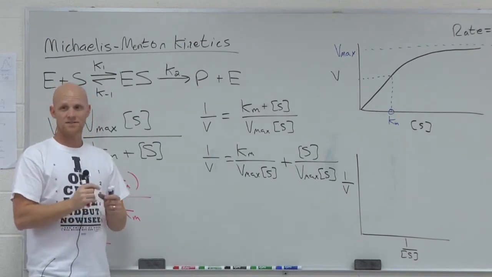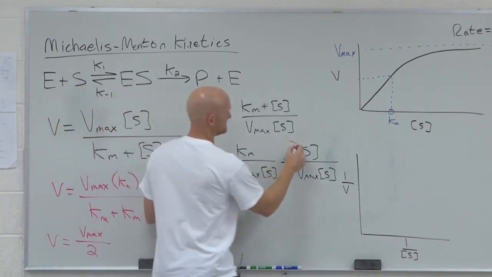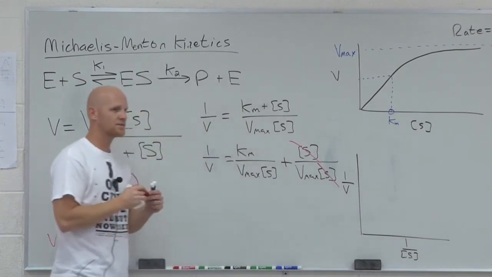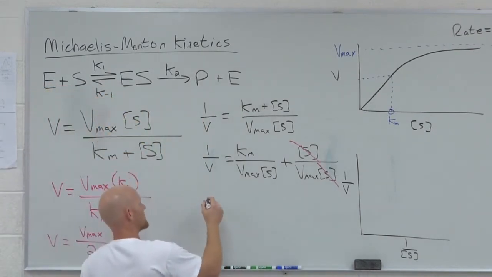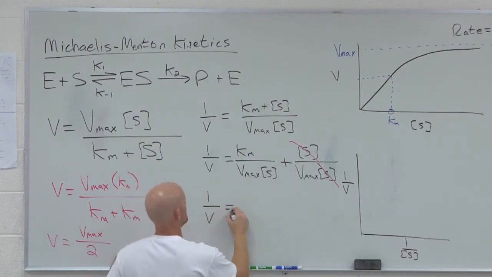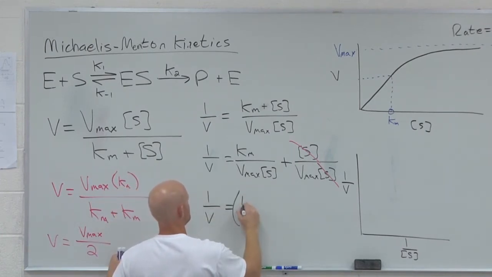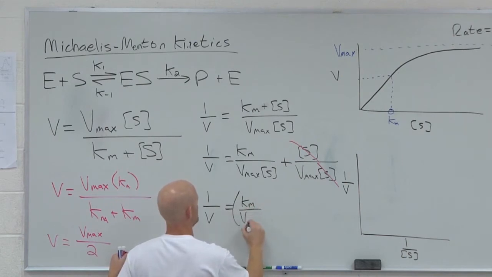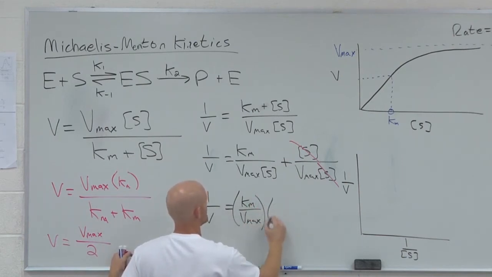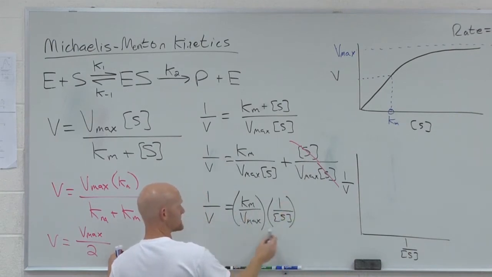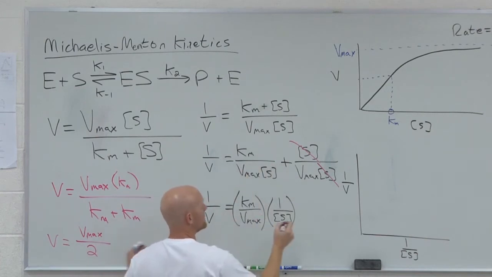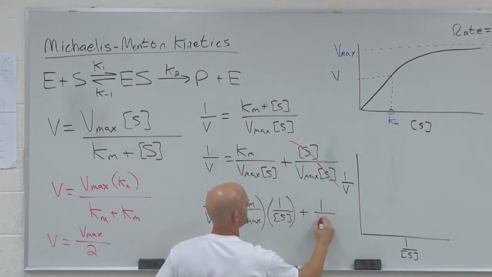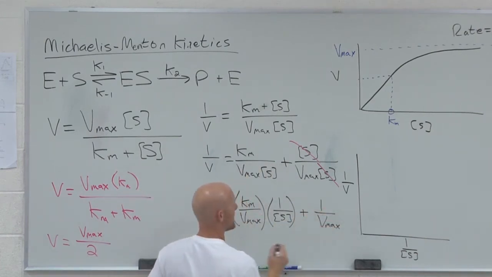Anything going to cancel out of this? Substrate cancels. And I'm going to write this a little bit differently. 1 over v equals Km over Vmax times 1 over s. Notice this Km over Vmax times 1 over s is the same exact thing as this term we had up here. And then this last term, 1 over Vmax.